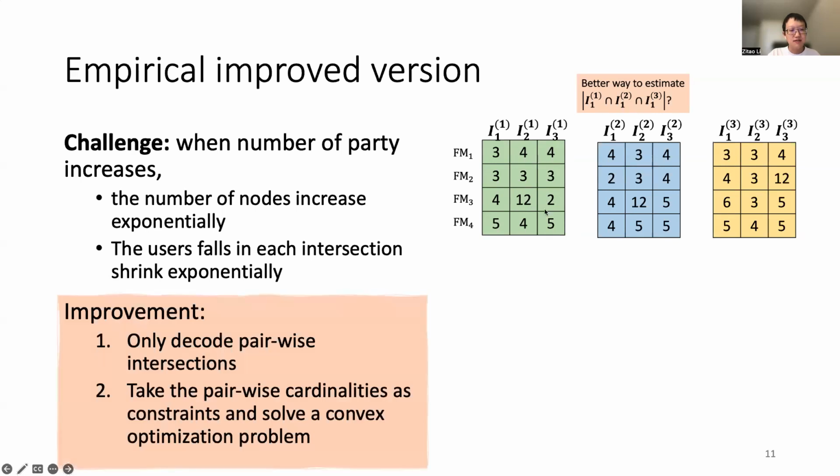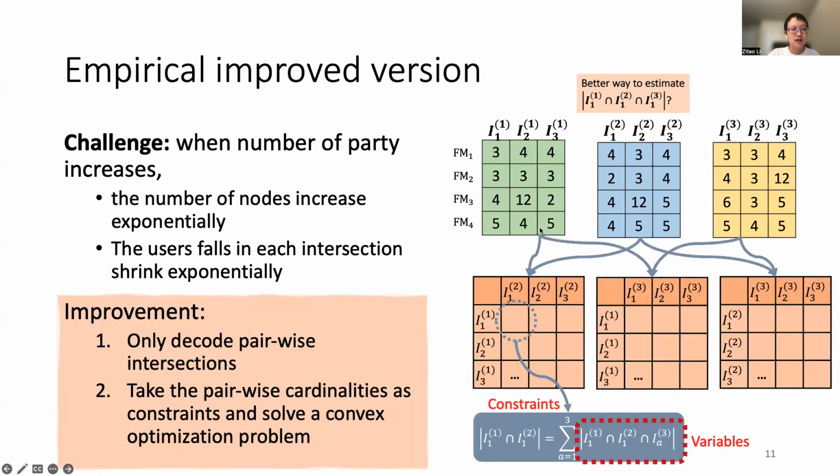But on the server side, we only decode the pairwise intersections, calculating the pairwise intersection cardinality directly. Then we take these pairwise cardinalities as constraints and solve a convex optimization problem for the final intersection cardinality we want.